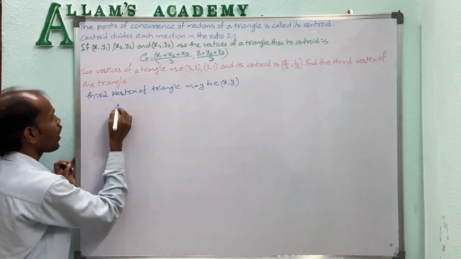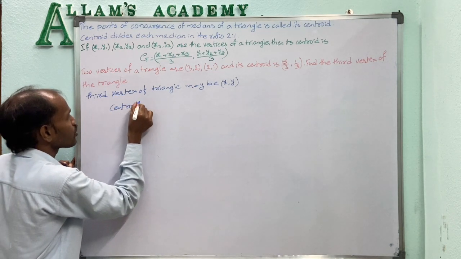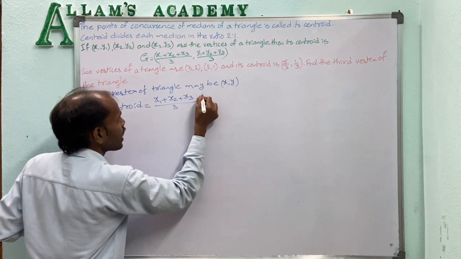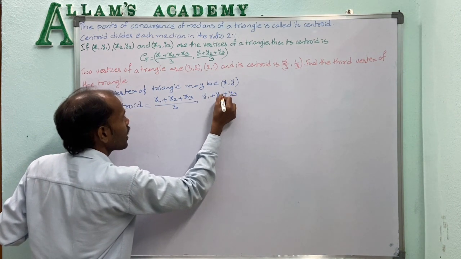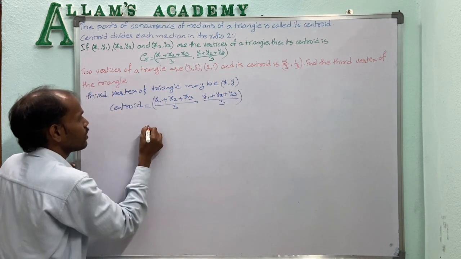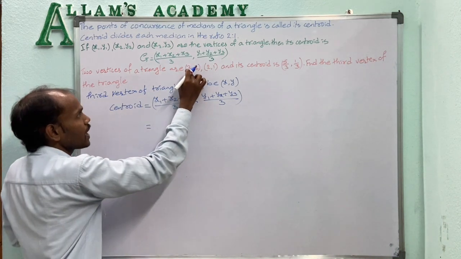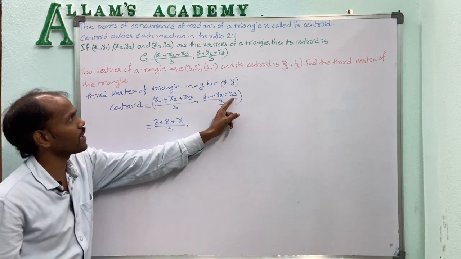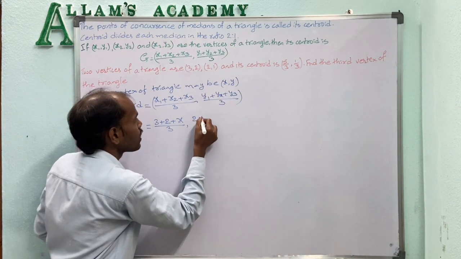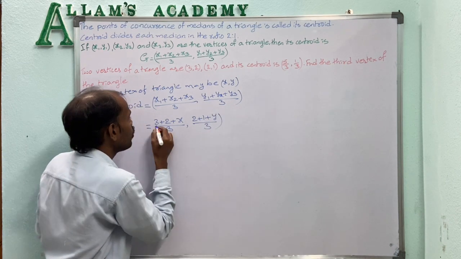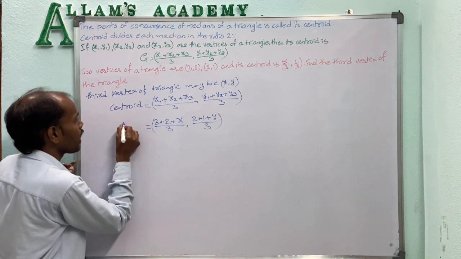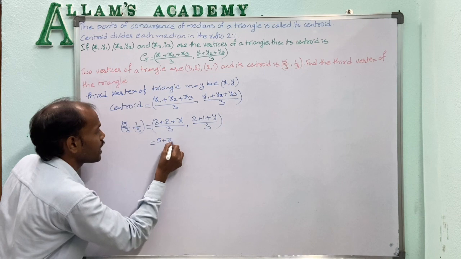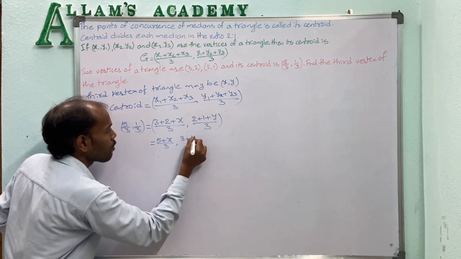Then by using the centroid formula, ((x1 + x2 + x3)/3, (y1 + y2 + y3)/3), with the points (3, 2), (2, 1) and (x, y), substituting gives (3 + 2 + x)/3 and (2 + 1 + y)/3, which is (5 + x)/3, (3 + y)/3.